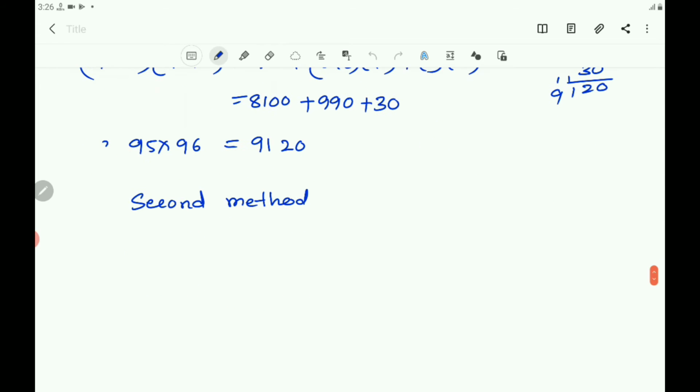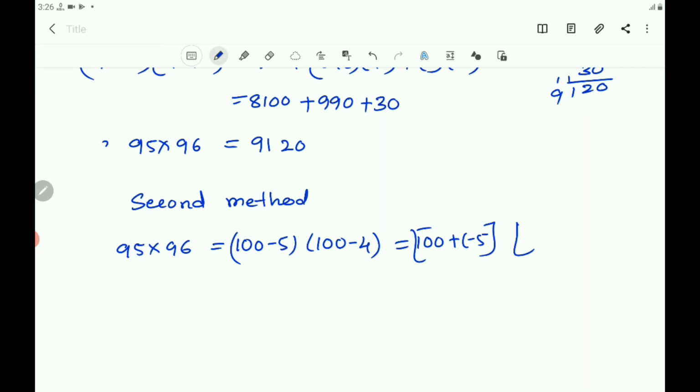Second method, that is 95 into 96. You can express as 100 minus 5 into 100, 96 is 100 minus 4. Then you will get 100 plus of minus 5, one factor, and 100 plus of minus 4, second one.